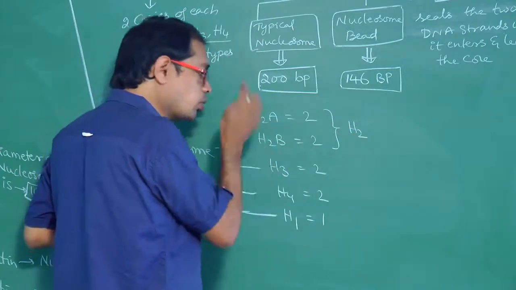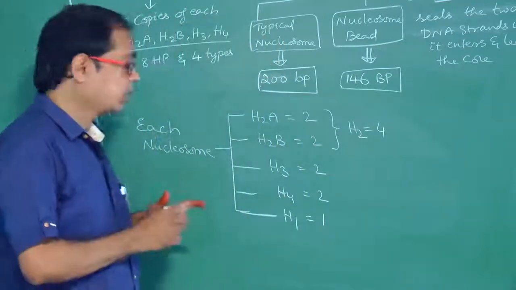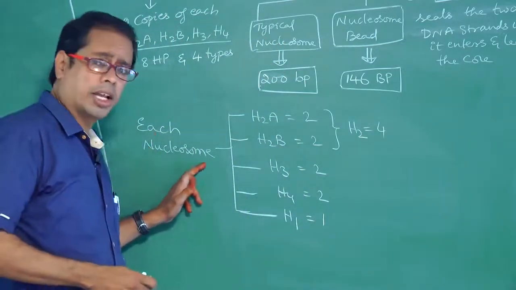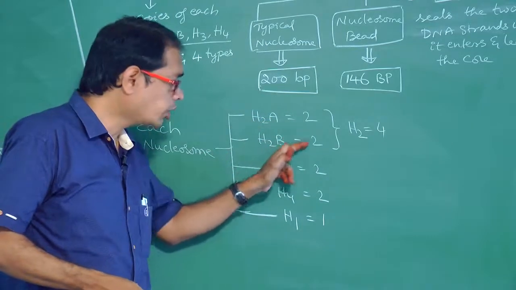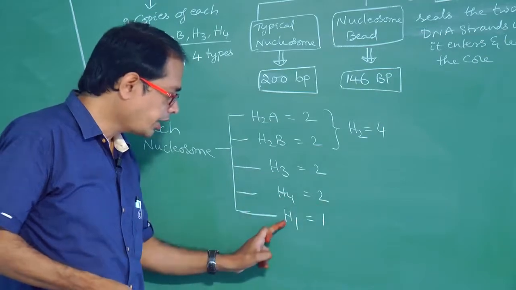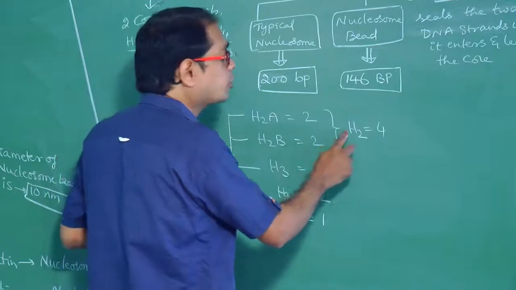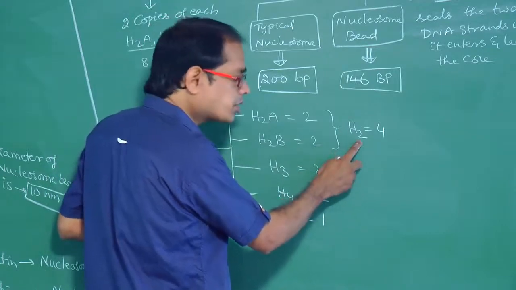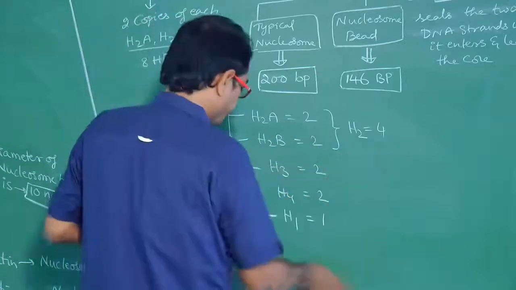H2A and H2B together are called H2. H2 means 4. So each nucleosome contains H2A 2, H2B 2, H3 2, H4 2, H1 1. The number of H2 histone proteins means we have to add H2A and H2B, which is 4.